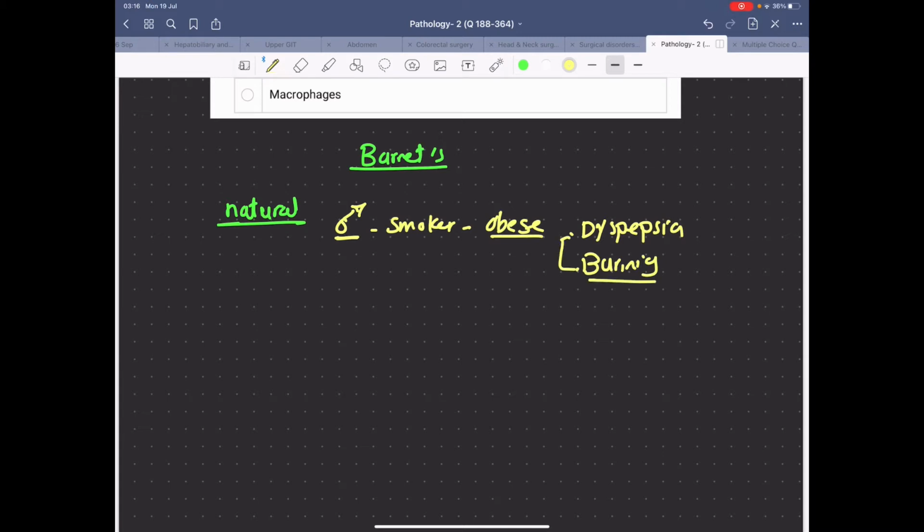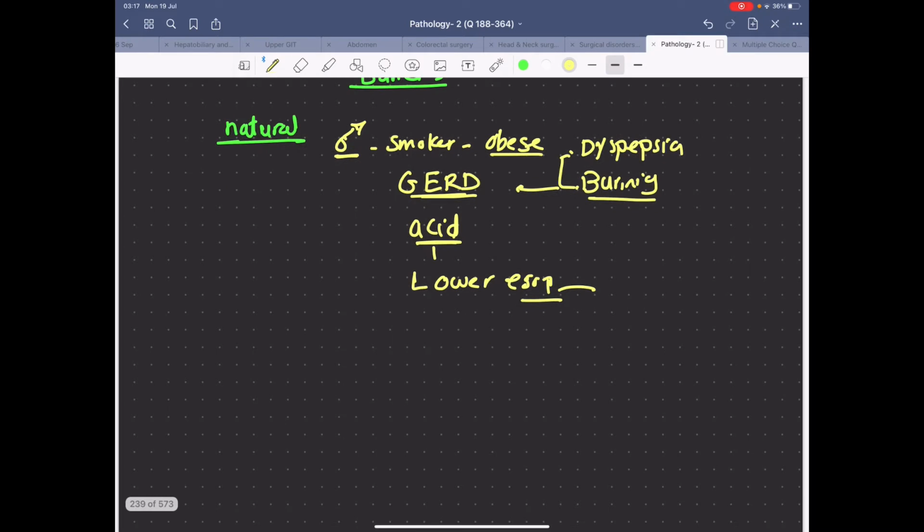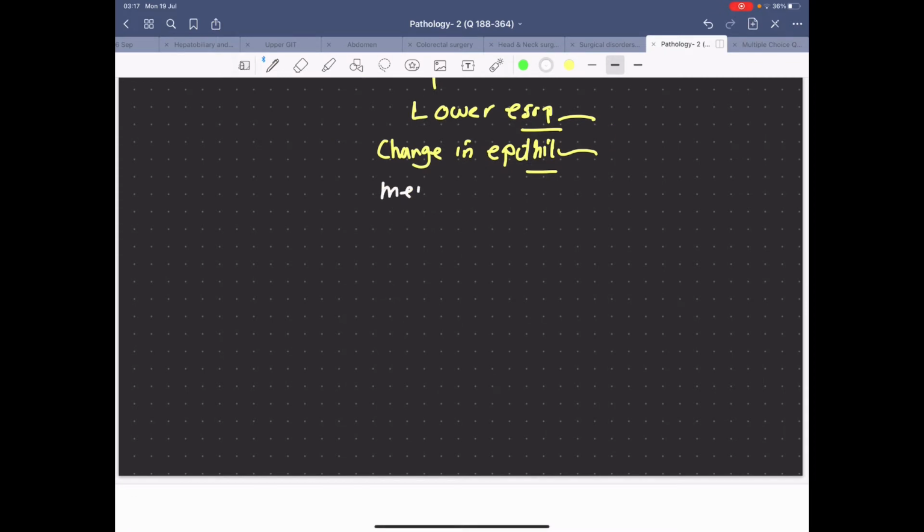Those patients mostly have gastroesophageal reflux disease for a long time, and due to the presence of acid inside the lower esophagus, this will lead to a change in the epithelium of the esophagus. This change in the epithelium we call metaplasia. Metaplasia means a change in the epithelium.